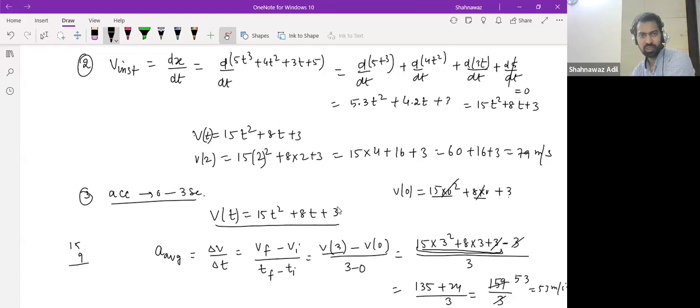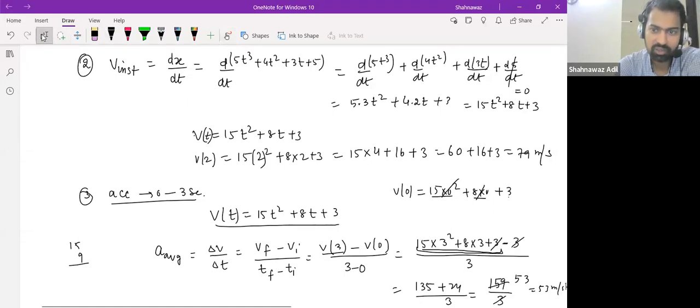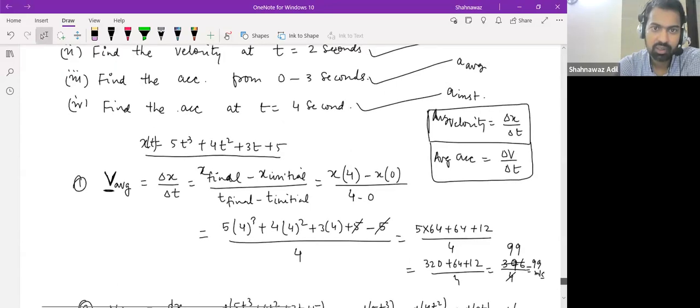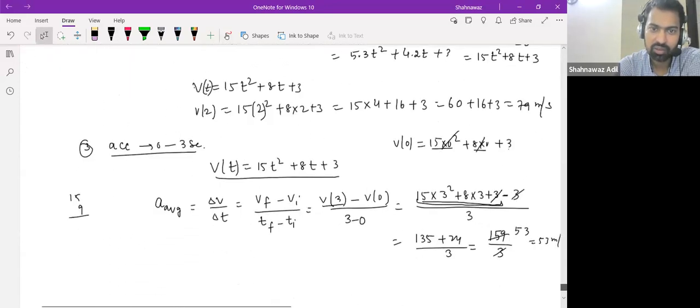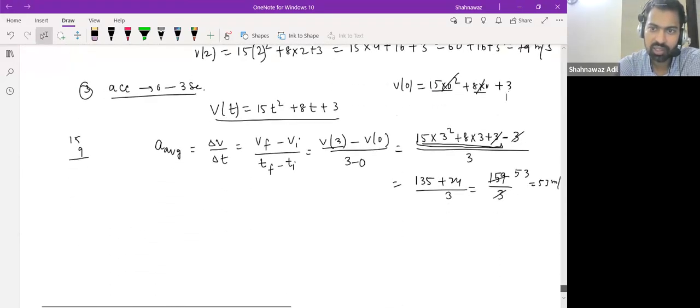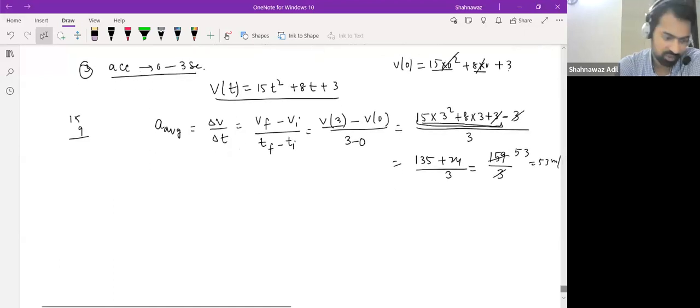Okay, noted everything. Now the next question was acceleration at what second? Acceleration at 4 seconds. Okay, so let us calculate the acceleration at 4 seconds.